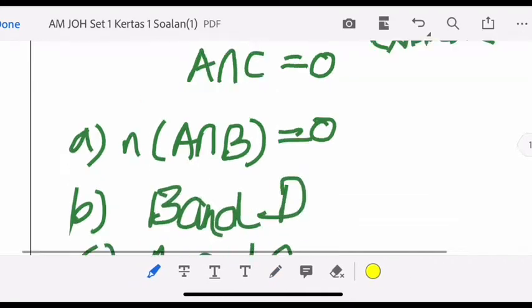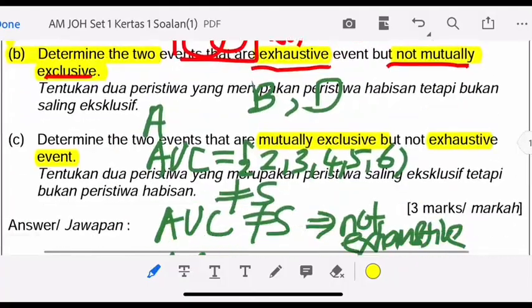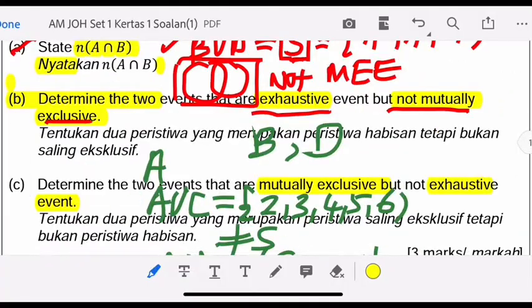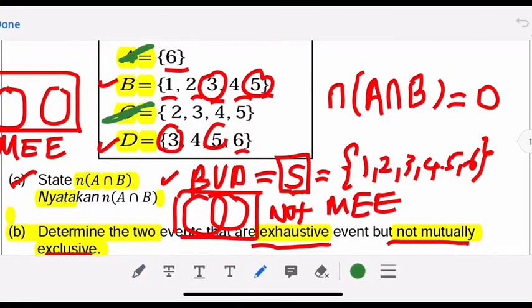So I have explained what is meant by not mutually exclusive and what is meant by exhaustive. Exhaustive means that when you do the union of set B and set D, it must form the universal set.